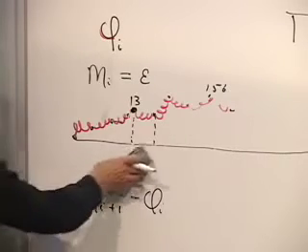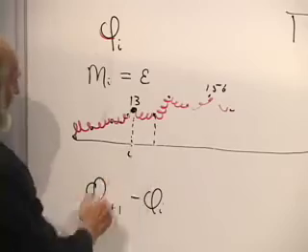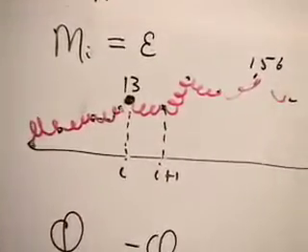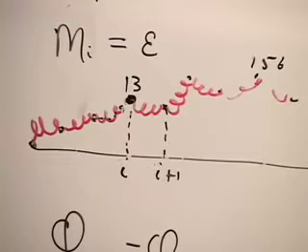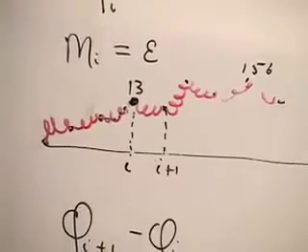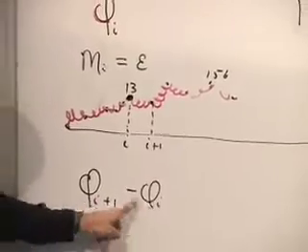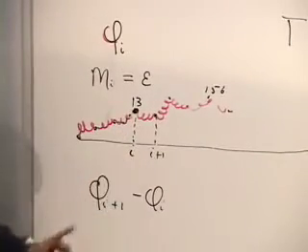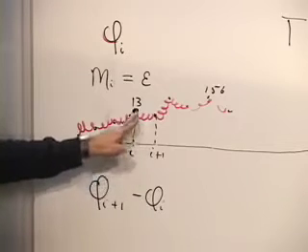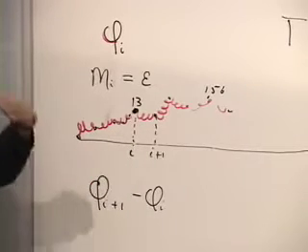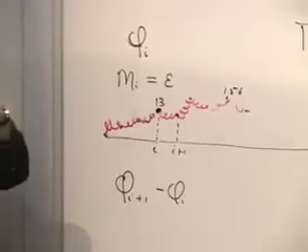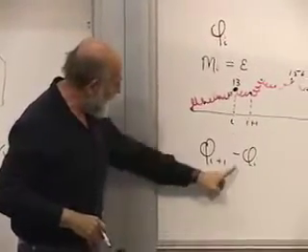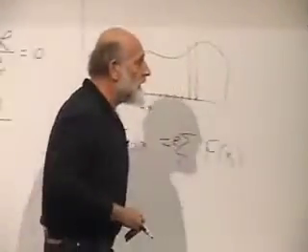So for example, this might be the ith particle, this might be the I plus first. I plus 1 could be 7, I could be 6. This is how much the spring connecting I and I plus 1 is stretched. If I and I plus 1 are at the same height, that spring is not stretched.